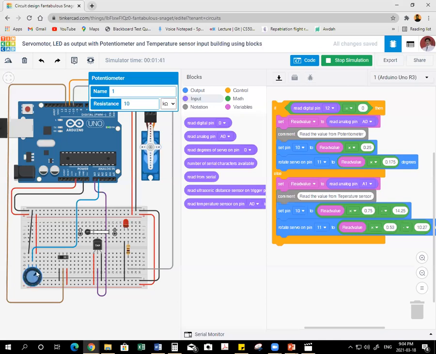See, I am rotating the potentiometer to rotate this one 180 degrees. And brightness also is there. LED brightness is also coming. So like this, we have either-or control, we can say.